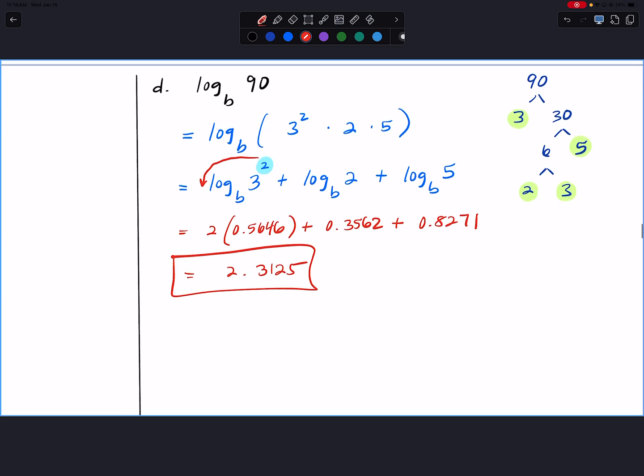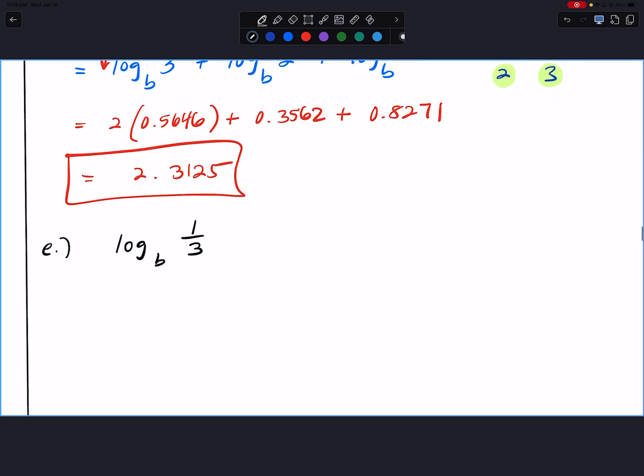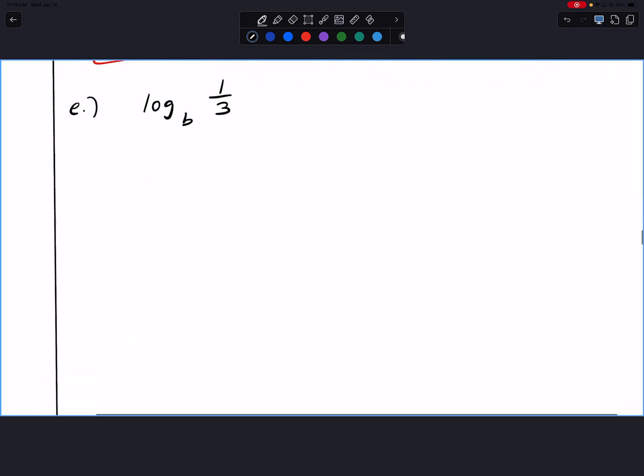Here's one that is interesting. Division means subtract.